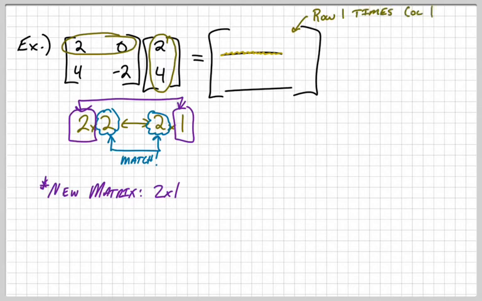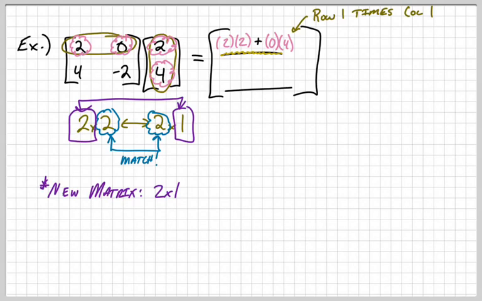Look at that, I'm color coding. Plus, well, the 0 has to get multiplied by the 4. Excellent. There you go. You multiplied this row by the only column there is over here. Do a little bit of math. That gets your first entry.